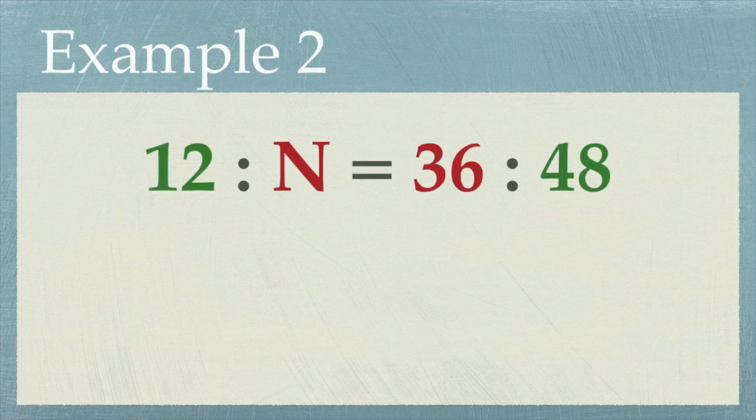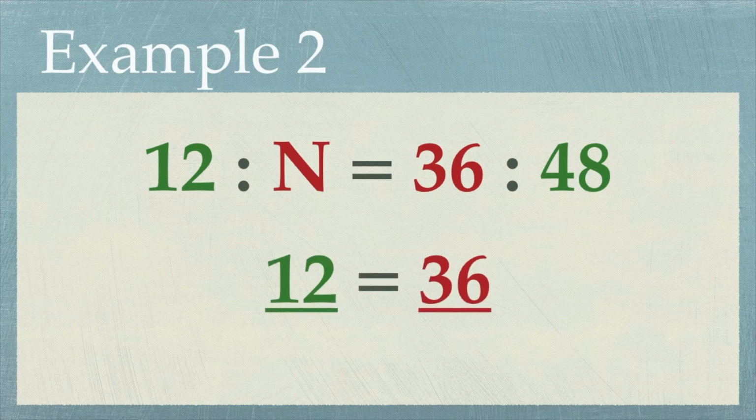Another example, we have 12 to n equals 36 to 48. This time, n is on the left side. Same as the previous example, rewrite these ratios in fractions. So we have 12 over n equals 36 over 48.